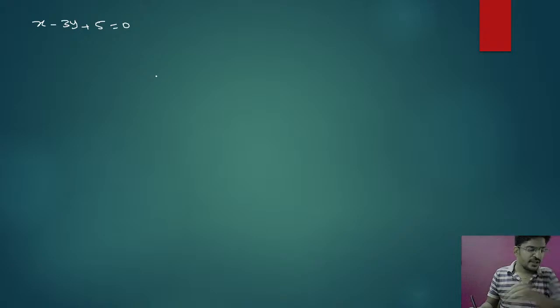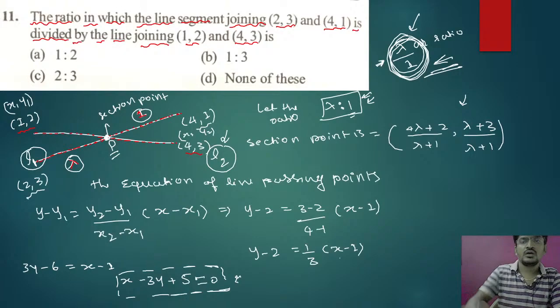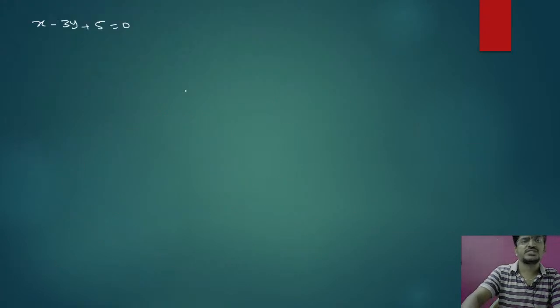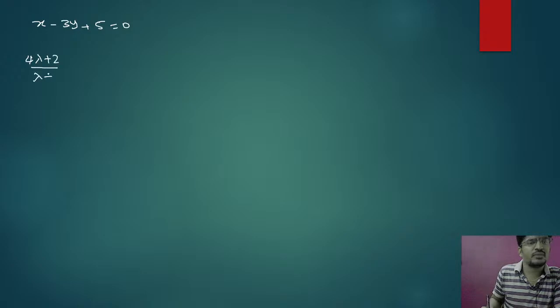Okay, so now you see here, what is the x value? This is your x value. What is the y value? Lambda plus 3 divided by lambda plus 1. Put the x value, that is (4 lambda plus 2) divided by (lambda plus 1).